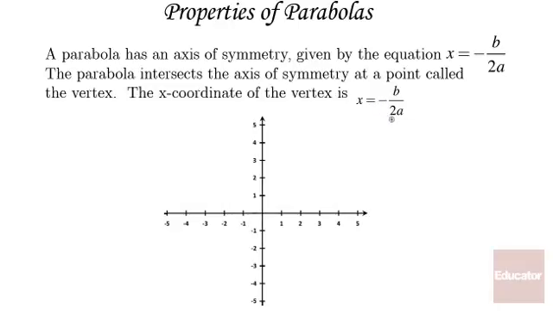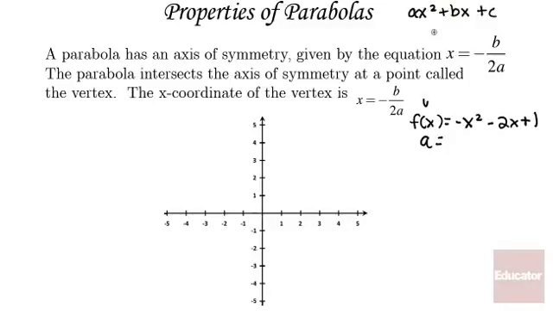To illustrate this with an example, if I were looking at the function f of x equals negative x squared minus 2x plus 1, first let's look for the axis of symmetry, which is at negative b over 2a. Recall that standard form is ax squared plus bx plus c.